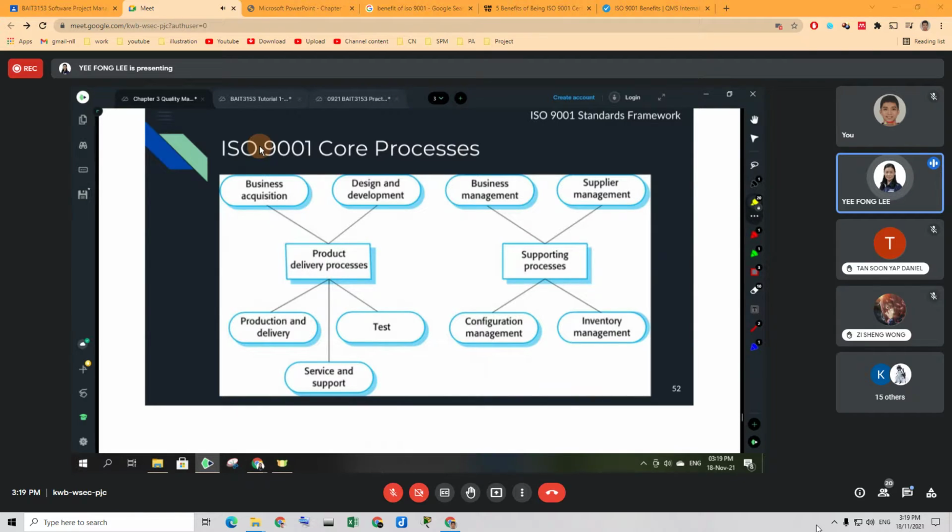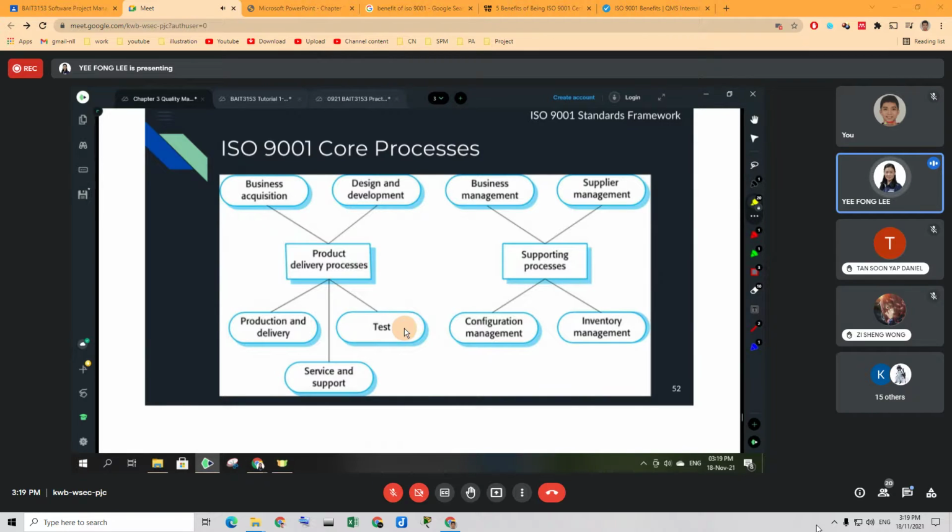So to be conformant with ISO 9001, a company must define the suitable types of processes shown. You have to depend on what kind of tests you're going to do. Okay, this one will be your individual part, the quality plan.